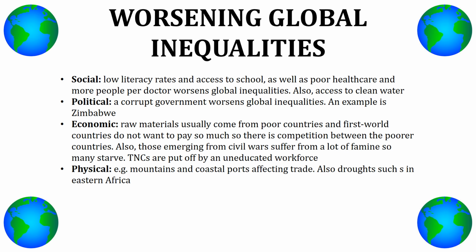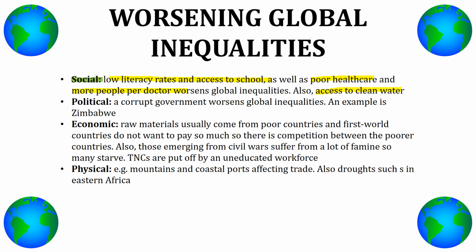So next you need to know about worsening global inequalities, and there are social, political, economic and physical or environmental factors that actually worsen global inequalities. So social: low literacy rates and access to school, poor healthcare, less access to clean water, and more people per doctor actually worsen global inequalities because there's lower education, poorer healthcare, thus more people are dying.